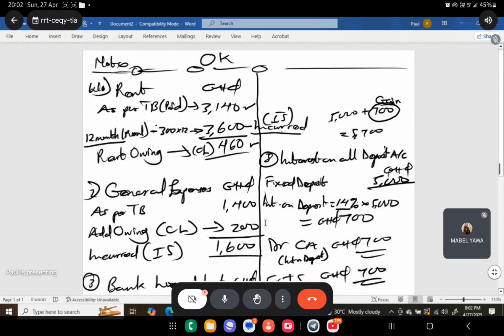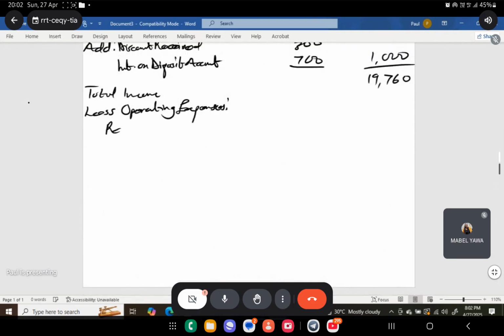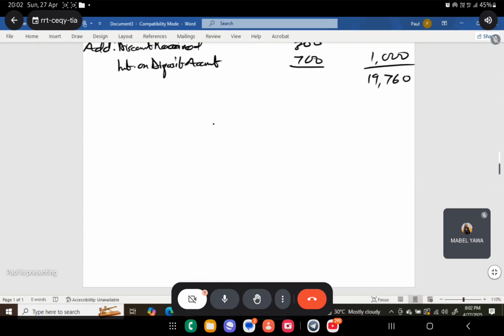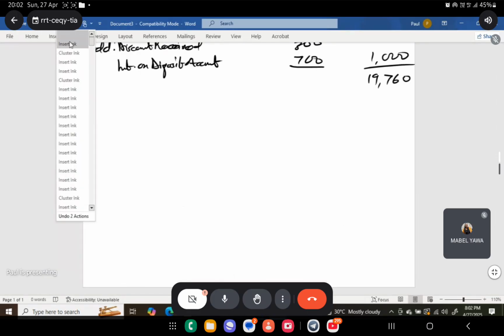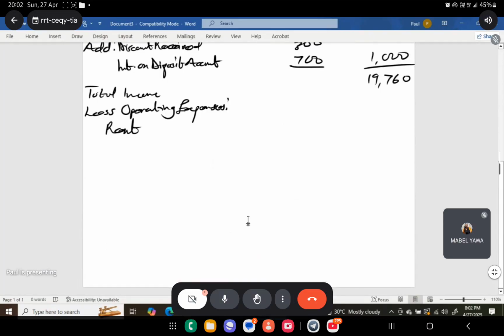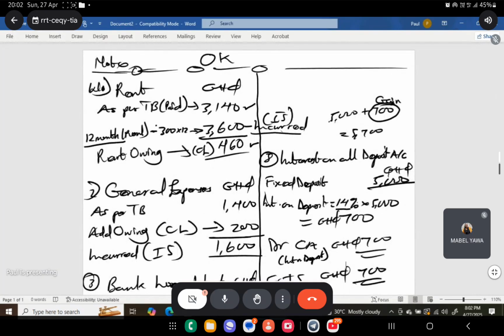So the operating expenses, we start with rent. So we bring our rent here. The rent in the trial balance was 3,140. Then we add the rent owing, and the owing is 460.